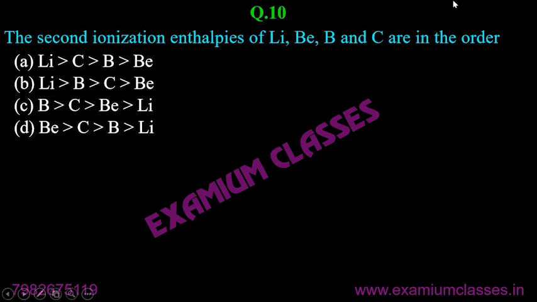You need to consider after losing one electron, whether it gets more stable or less stable, or whether after losing two electrons it becomes more stable. That will help you to answer this question. Yes, correct answer.